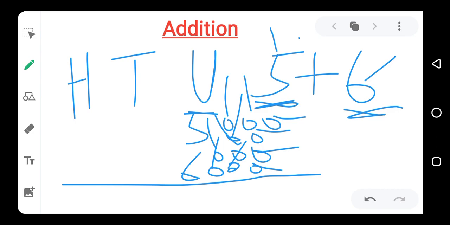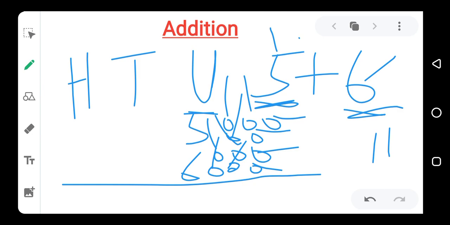Now 11 is 1, 1. Now see how we are going to write the 11. It has two digits, 1, 1. I said that for the one that has two digits, you write one under units and you write the second one under tens.